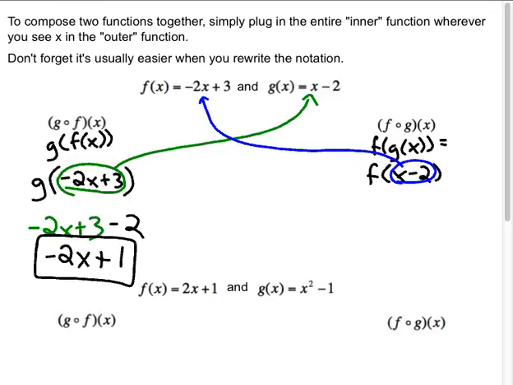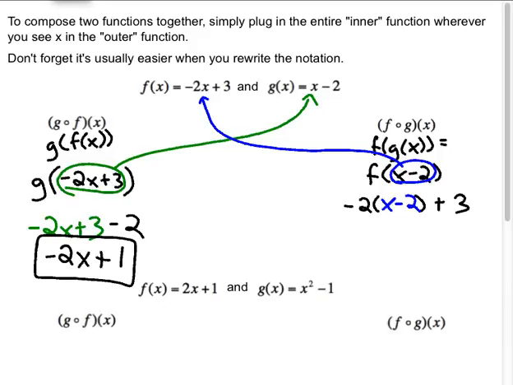So I write out the f function, but in place of the x, I'm putting that x minus 2. I'm plugging that into f, and now I have to do whatever it takes to simplify this.